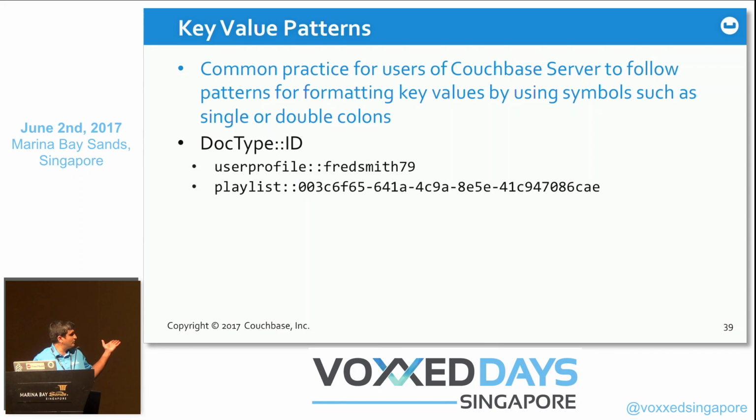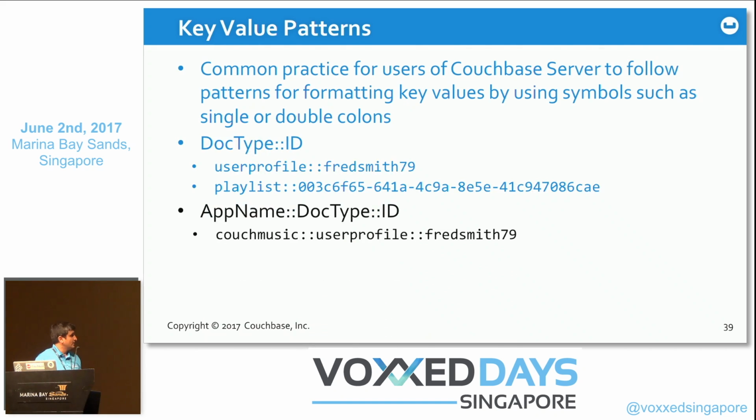We typically use something like user profile:something, that is user:101, employee:101, pizza:102, something like that, which identifies which document it is. You can give a fully qualified name, which typically enables multi-tenancy with Couchbase.